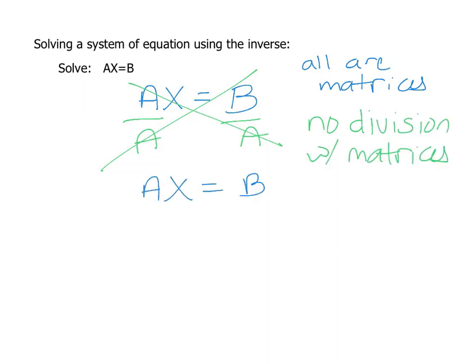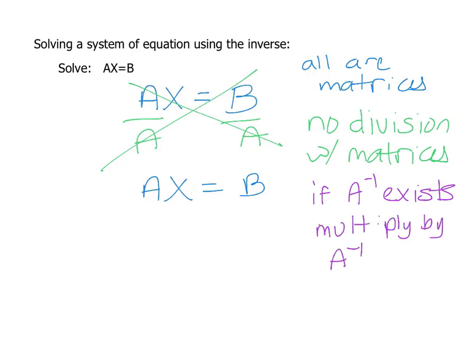What we can do is, if A inverse exists, and that's not true for all matrices, but if A inverse exists, we can multiply by A inverse. If I have AX here, I could multiply by A inverse. And if I have B over here, I'm going to multiply by A inverse there too.